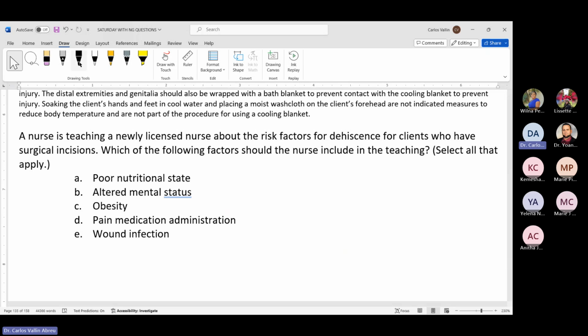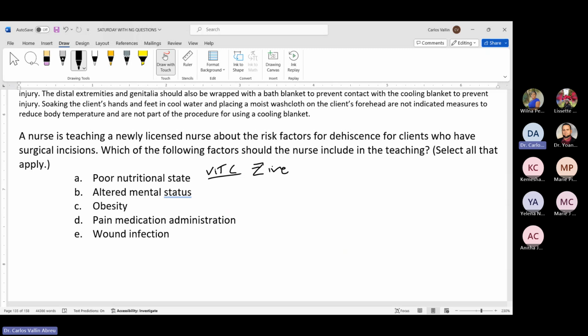But the other parameters of nutrition that are important apart from calories and proteins are the amount of ascorbic acid, vitamin C, that also participates in the synthesis of collagen, that is the glue that heals the wounds, and the mineral zinc that also participates in the healing.